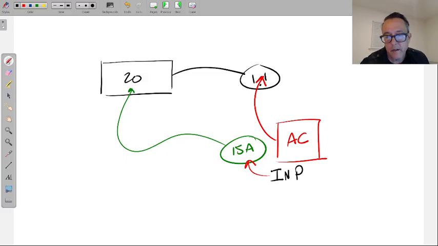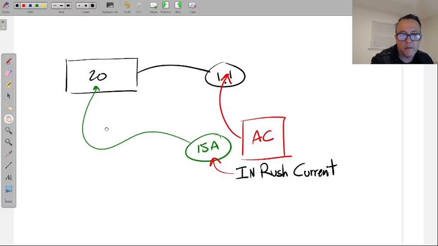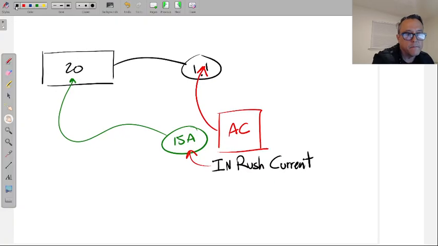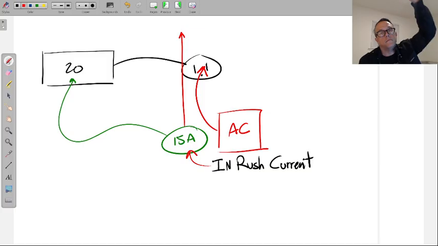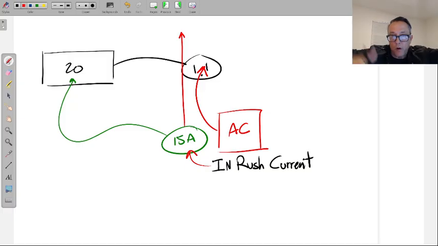It's called inrush current or amperage, but we mostly just call it current. I'll slide this over, because sometimes you guys can't see. What inrush current is: for a second, when that air conditioner first turns on, or when a motor first turns on, this amperage of 15 amps skyrockets. It goes up. You have this massive amount of energy required to move the motor or compress the gas in that air conditioner.